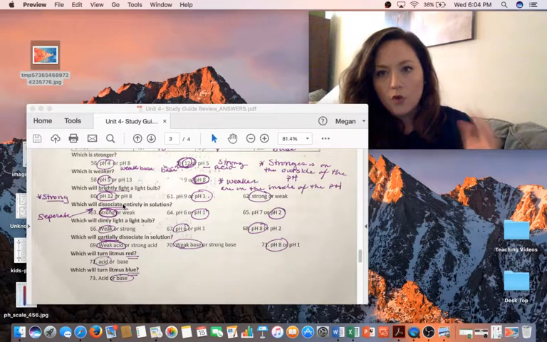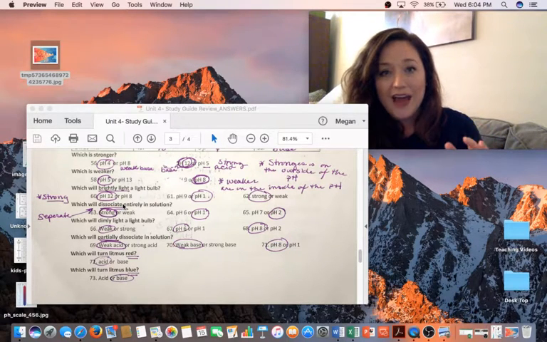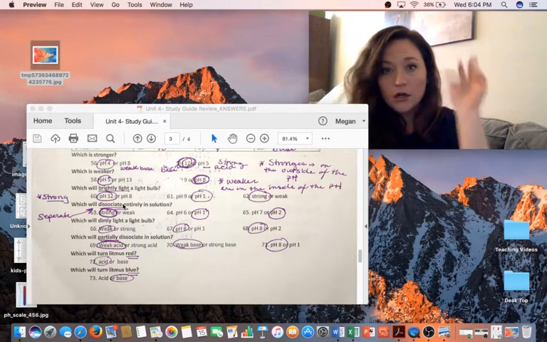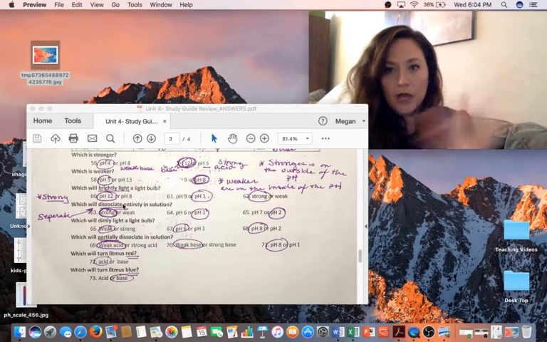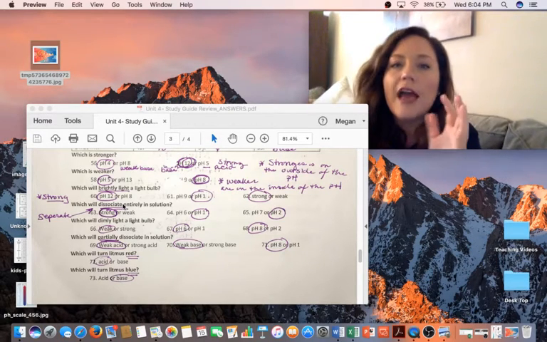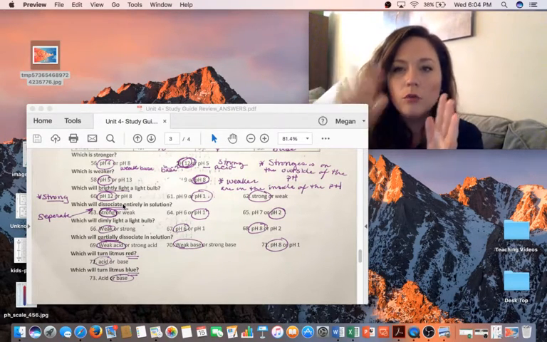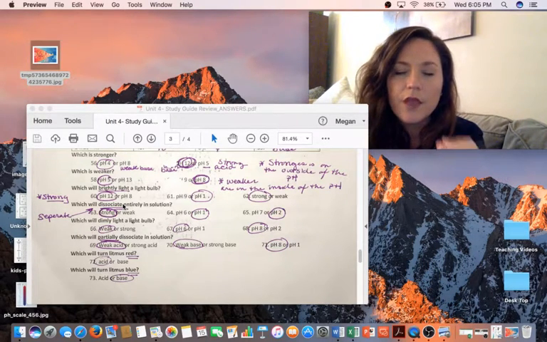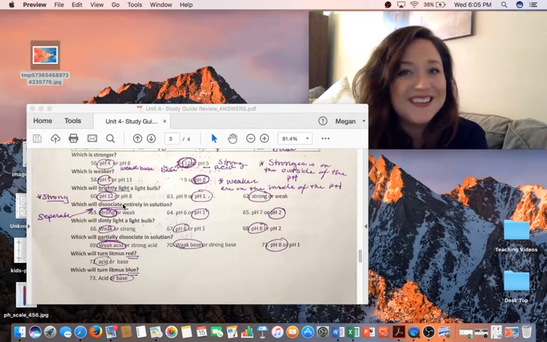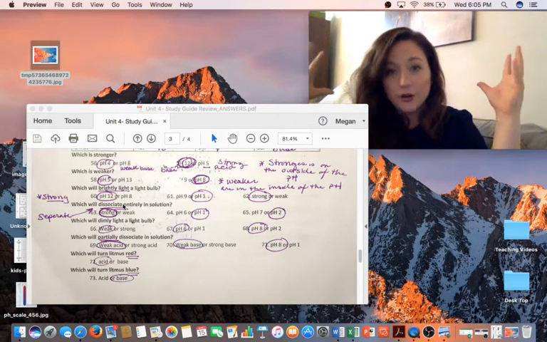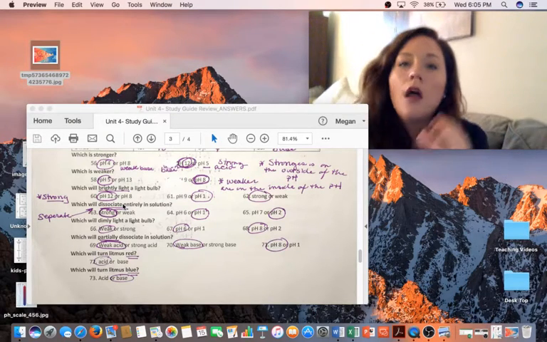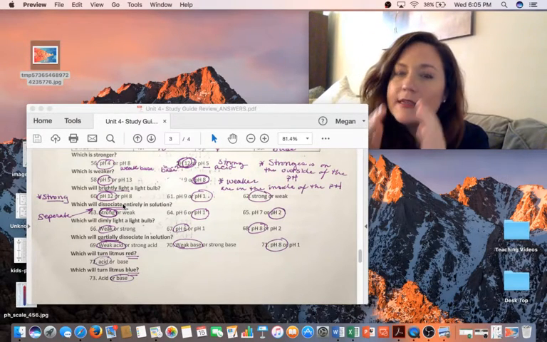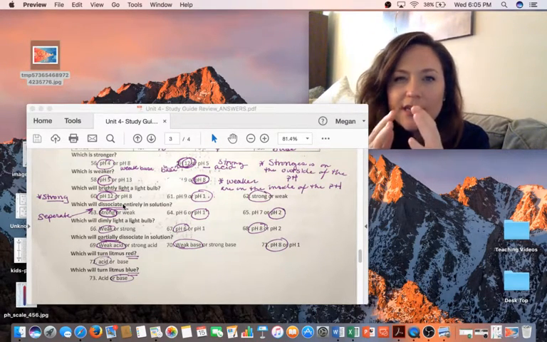Remember that the more ionization you have, the more charges you have running around, and the more current can flow through the aqueous solution. Thus, the stronger the acid, the stronger the base, the greater the light bulb. The smaller the acid, the smaller the base, the weaker it is.